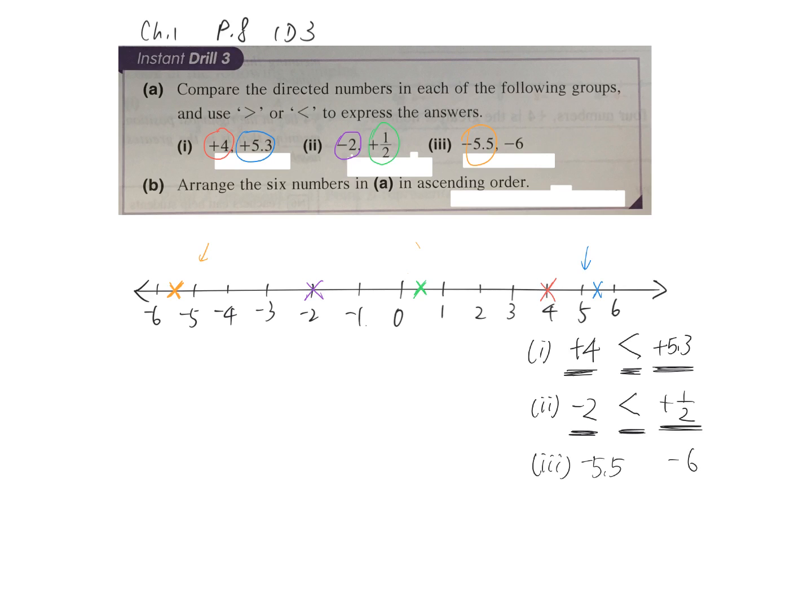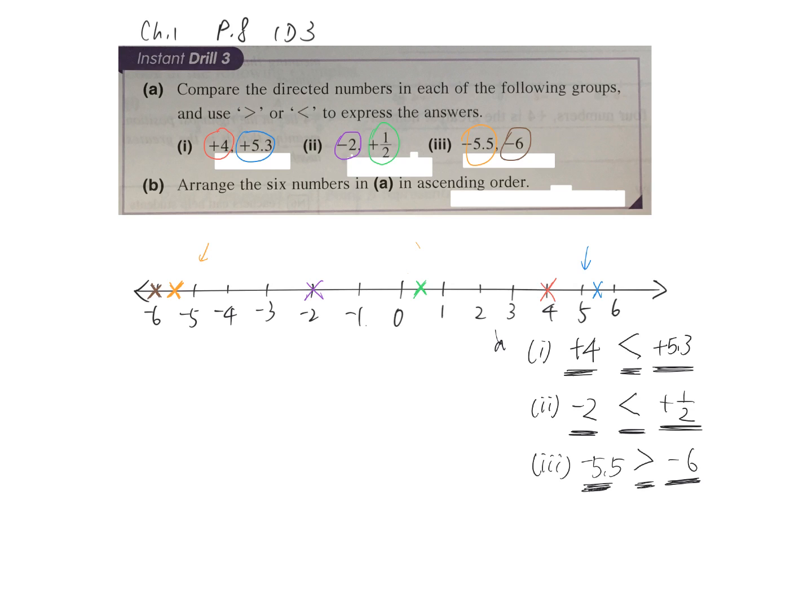The final number, we should have a negative 6. So negative 6, I'm using a brown color to plot it. So this is exactly where negative 6 is. To compare the position, negative 5.5 is on the right of negative 6. So negative 5.5 is greater than negative 6. So that's how we fill in the symbol to represent the relationship for comparison.